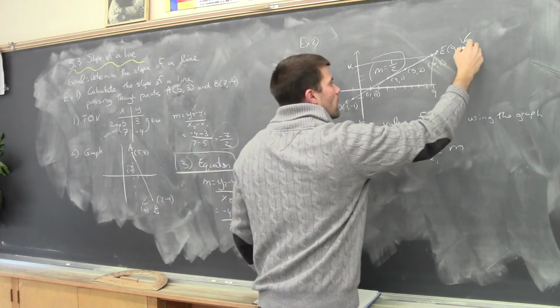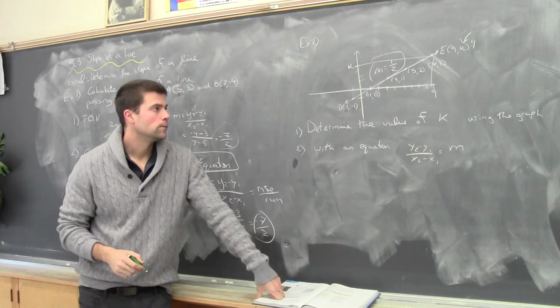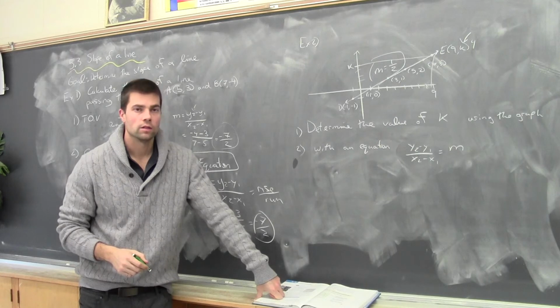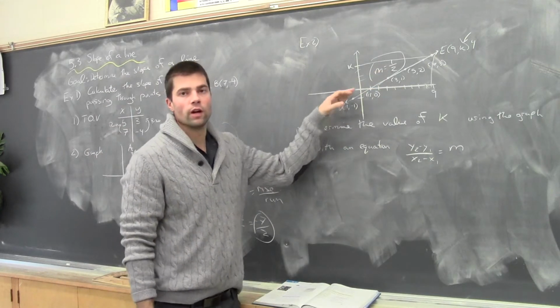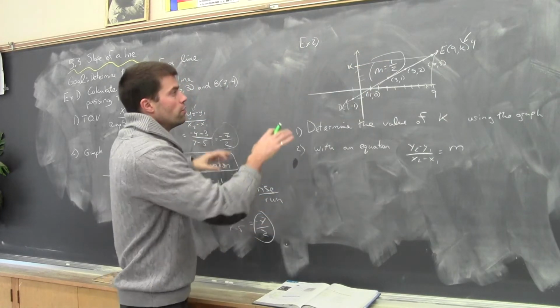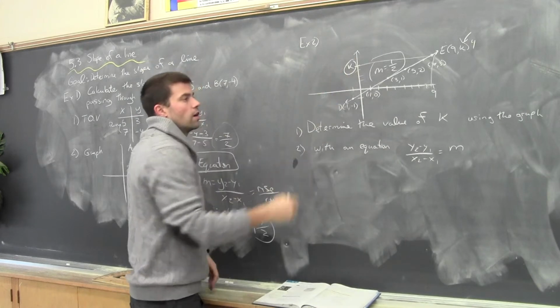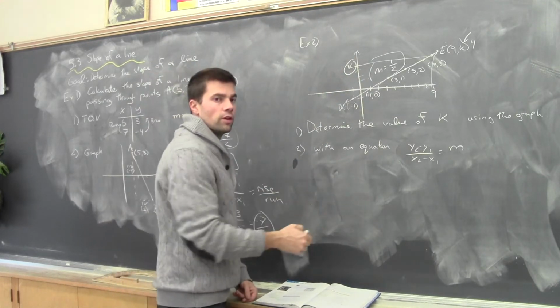This point would be 9, 4. Everyone understand that? I used the slope, I went from the first known point and I just rose up. Another way, obviously, if the graph is drawn very accurately, you could just look for k there. And then finally, using an equation.